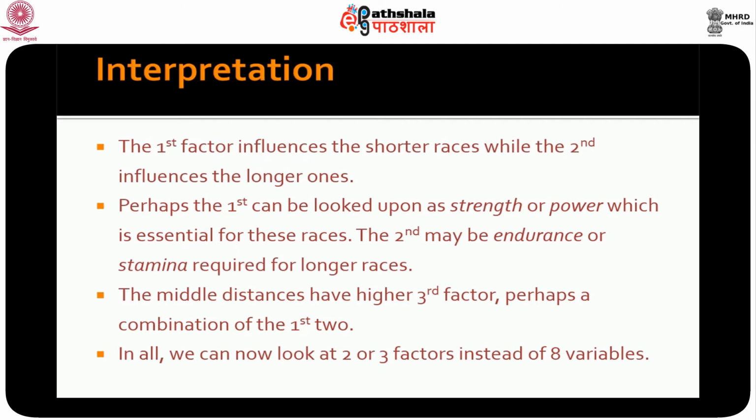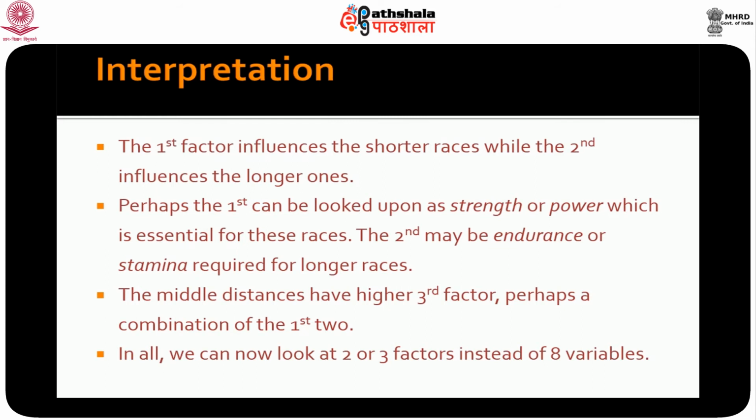More interestingly, if you look at the third factor, okay, if you include the third factor, you see that this would be separating out, or it puts more weight on the 400 meters and the 800 meters. And what does this mean?